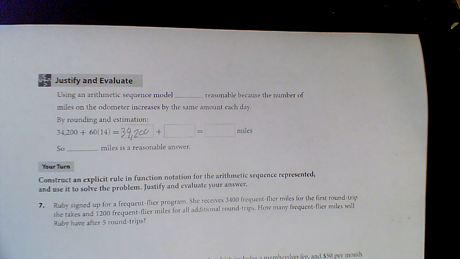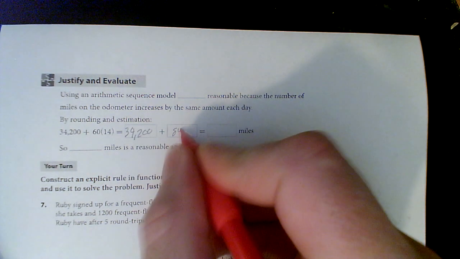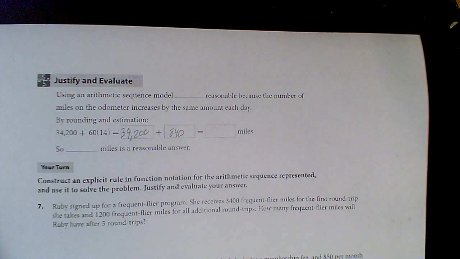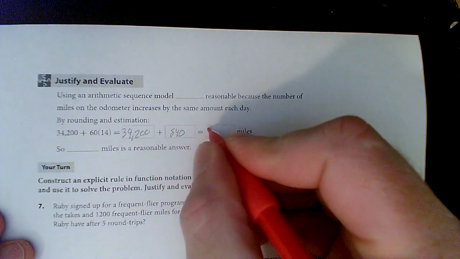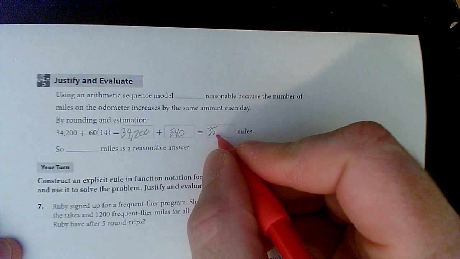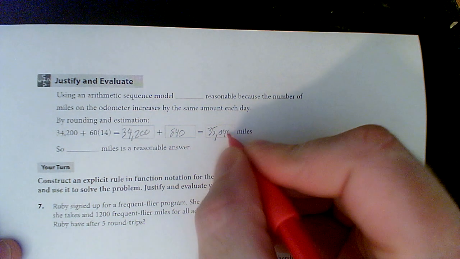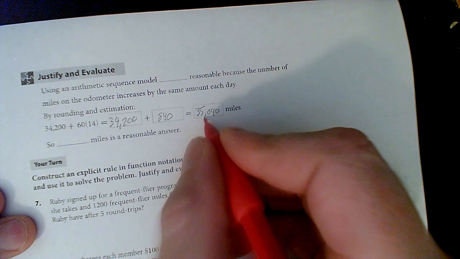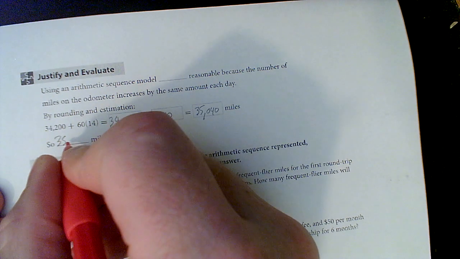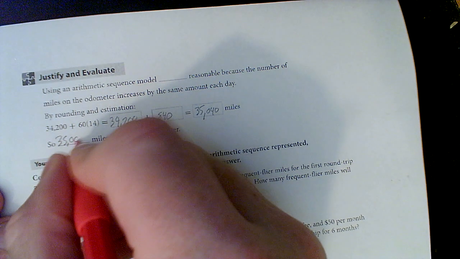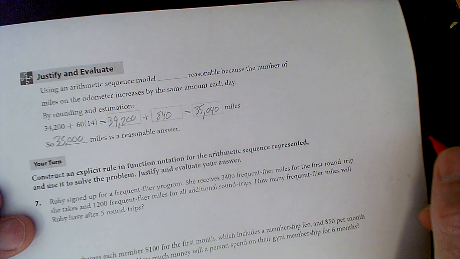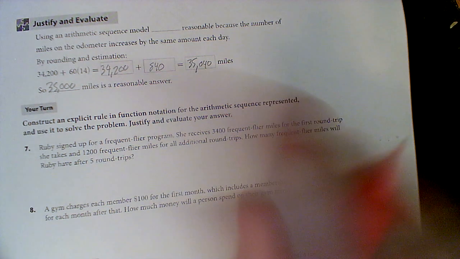So let's see, 60 times 14 is 840, which equals 35,040. So if I round this, 35,040 or 35,000 miles is a reasonable answer, right? It may not be exact, you may not drive the same, but we're getting super close.